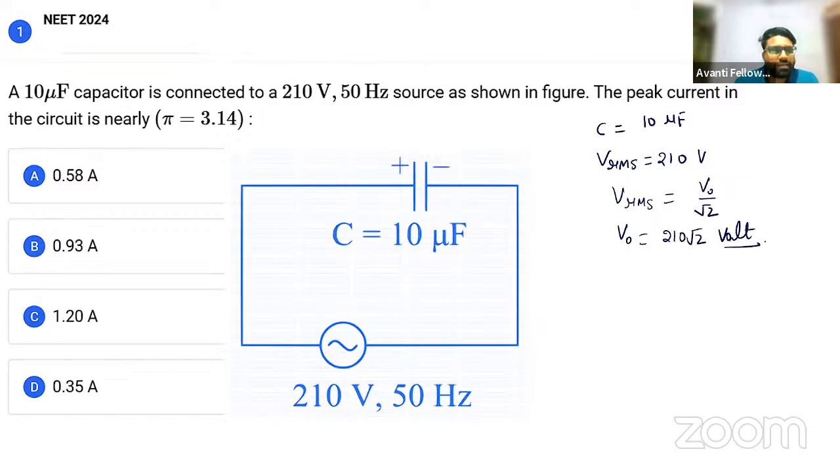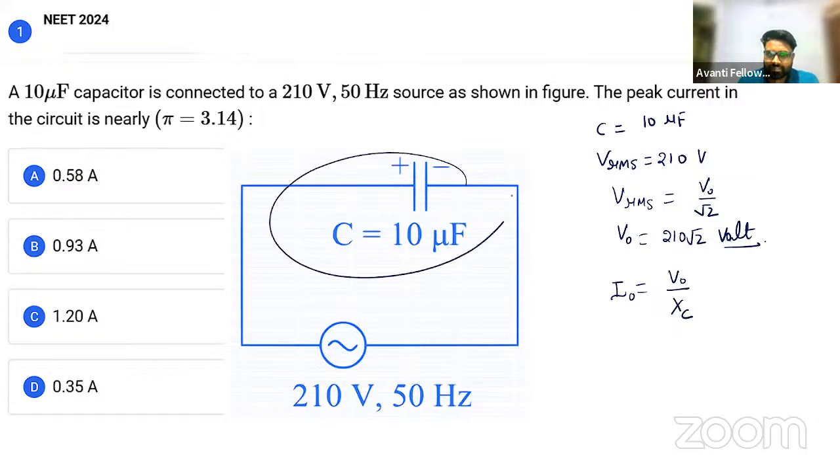The peak current in this circuit is nearly what? We know that for peak current, we must calculate I naught, which is nothing but V naught upon XC, because this is a pure capacitive circuit.